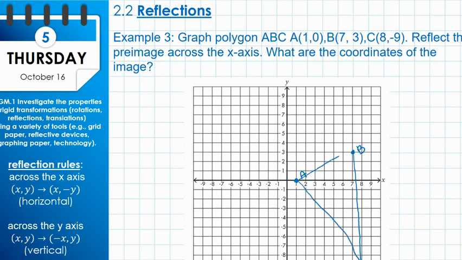Now this example, if you notice, we have points that are on both sides of the x-axis. And we're going to reflect across the x. Let me highlight it.